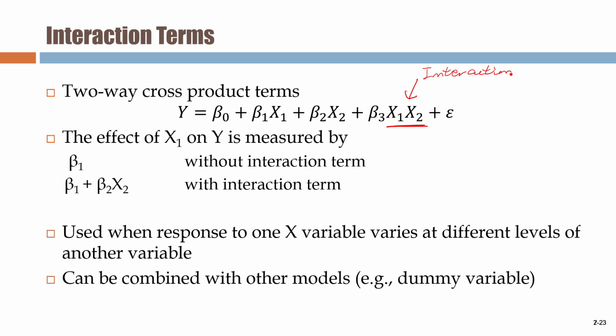So if it doesn't matter what x2 is, and x1's effect is always the same, then we don't need to include the interaction term. But sometimes the effect of x1 depends on what x2 is.